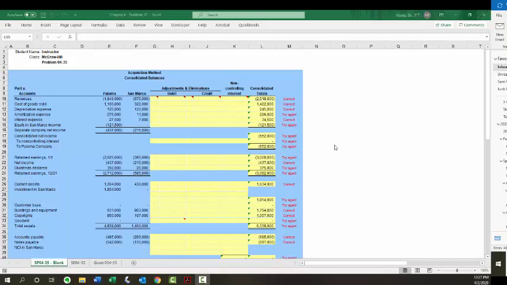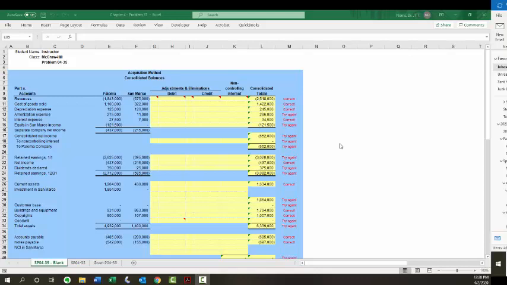And in this one, Paloma Company on January 1, 2017 exchanged $1,710,000 in cash for 90% of the outstanding voting stock of San Marco Company. The consideration transferred by Paloma provided a reasonable basis for assessing the total fair value of San Marco.